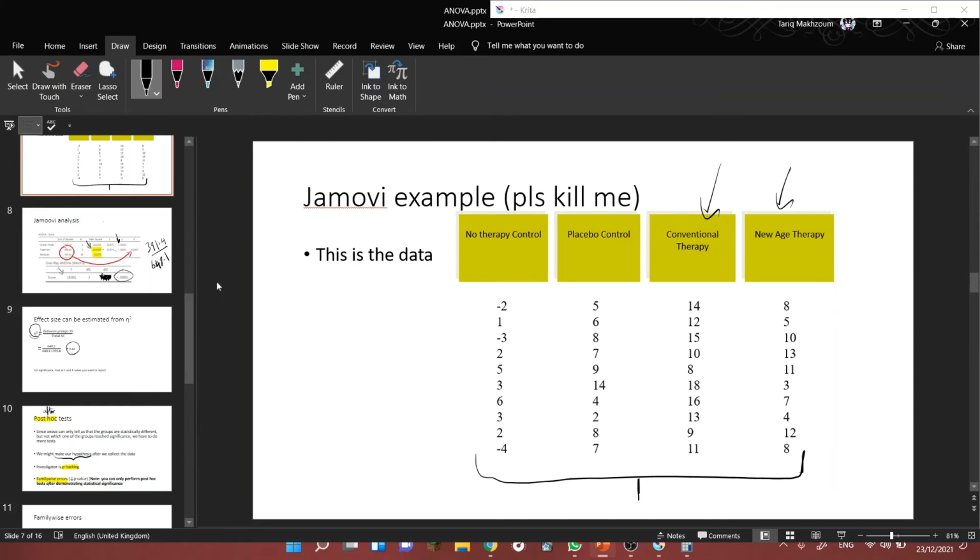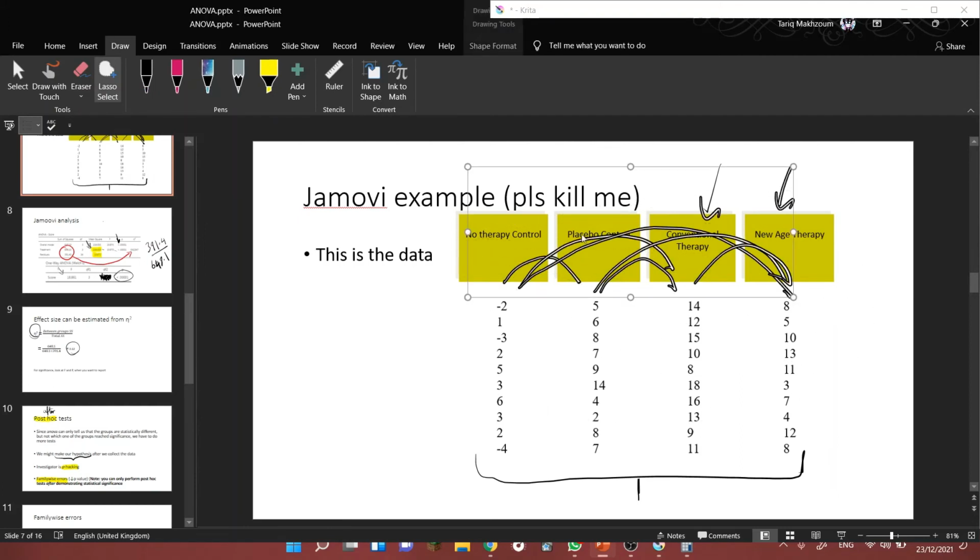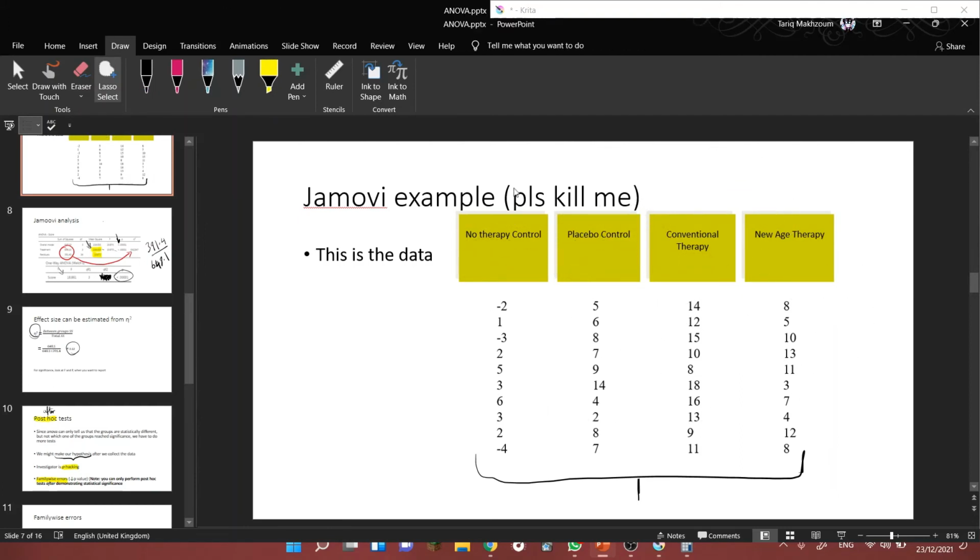So the problem is with doing more than one test at once, which is we're comparing no therapy to placebo, no therapy to conventional therapy, and no therapy to new age, and then placebo to no therapy, placebo to conventional, placebo to new age, and then conventional to both. Conventional therapy to no therapy, conventional therapy to placebo, conventional therapy to new age, and then new age to all 4 of them. The problem with that is that it introduces more errors that basically increase the chance that you'll reject the null hypothesis even though it's false. Okay?